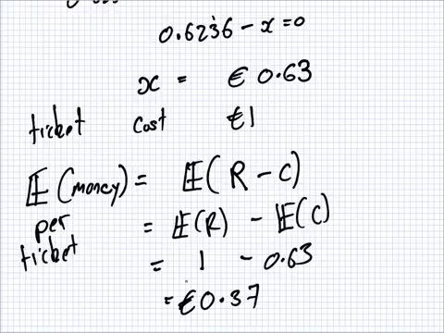So when you have a place like Ireland, how many people play the lottery? A lot of people play it. If we said 250,000 people play this game, that would be a profit of 92,500.